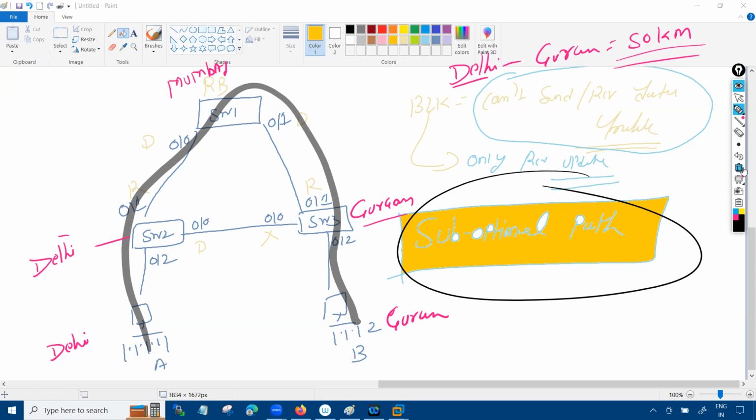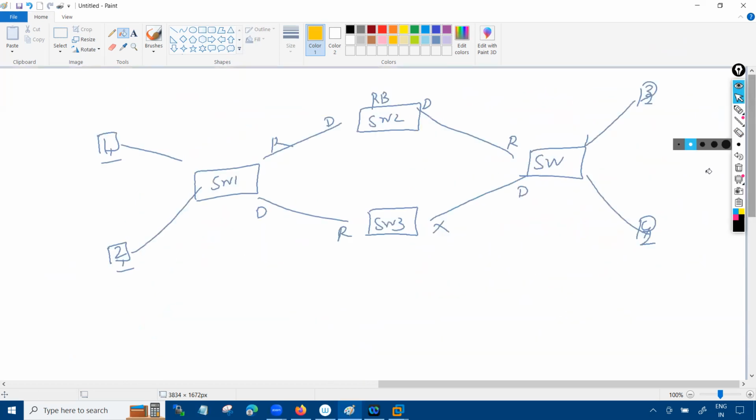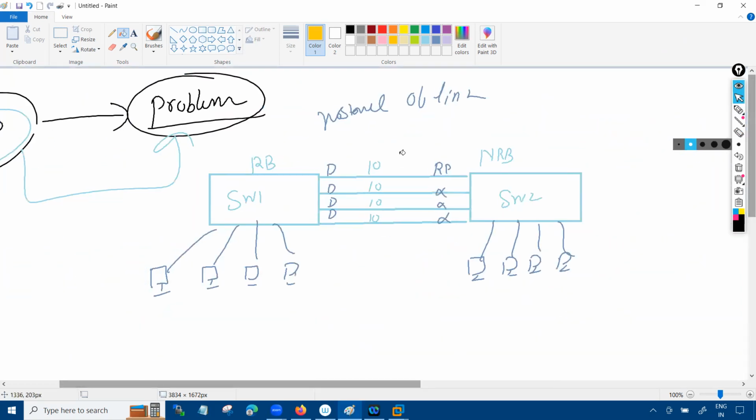To avoid this problem, you can manipulate the cost and change the behavior. But to avoid this problem, what we can do is aggregate.